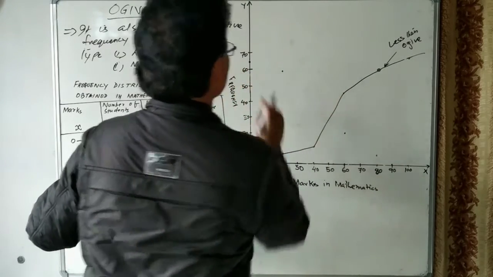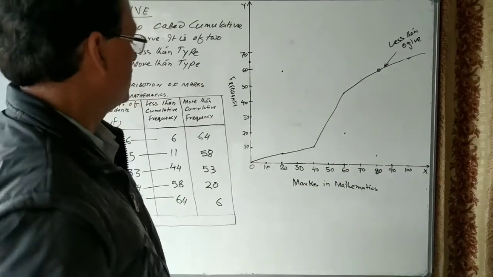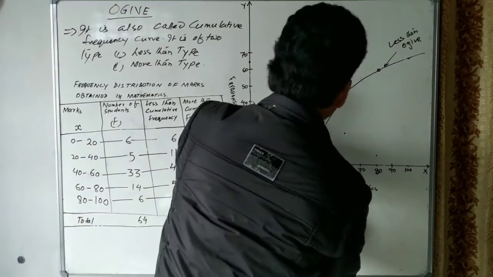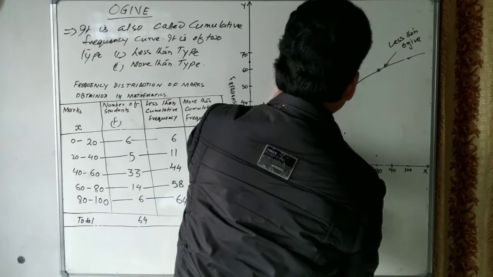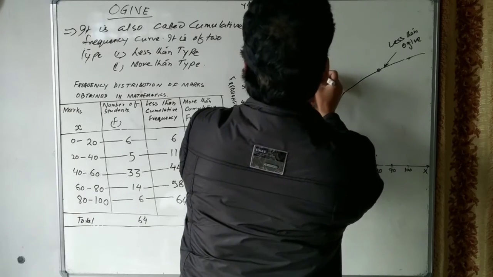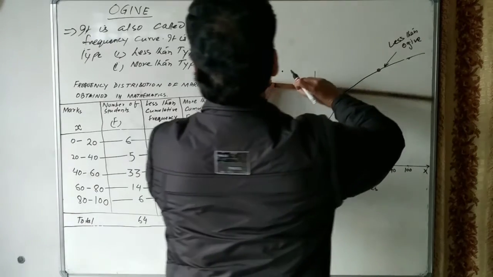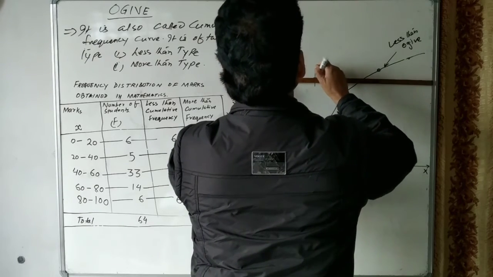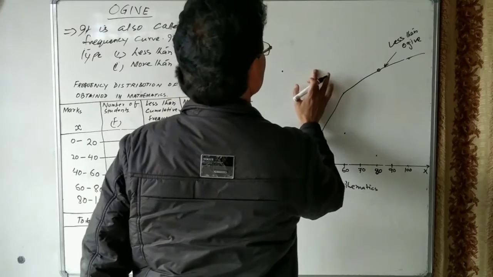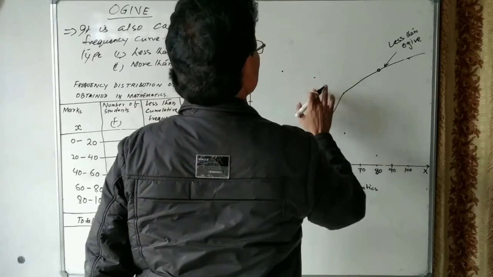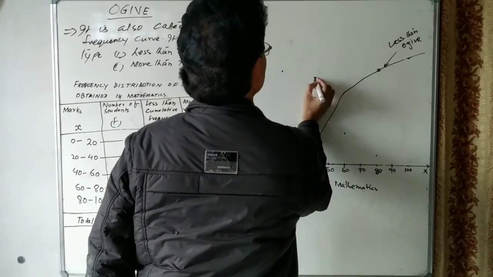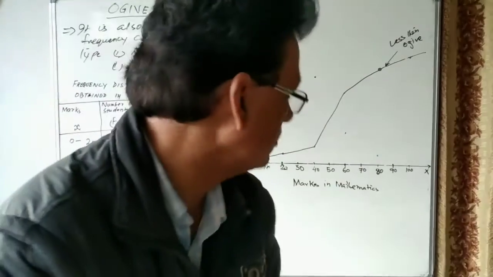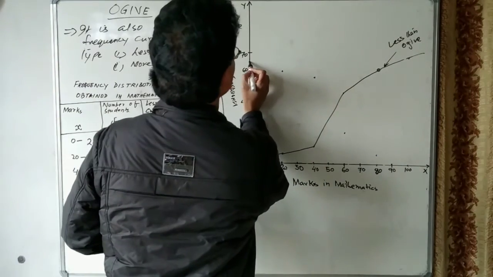So here we can take 40 and 53. Suppose we'll plot here, so we'll get one coordinate over here. We can join this.